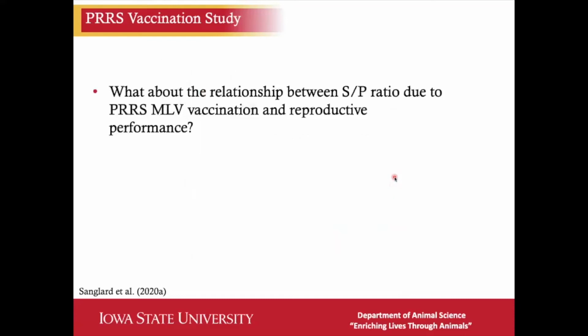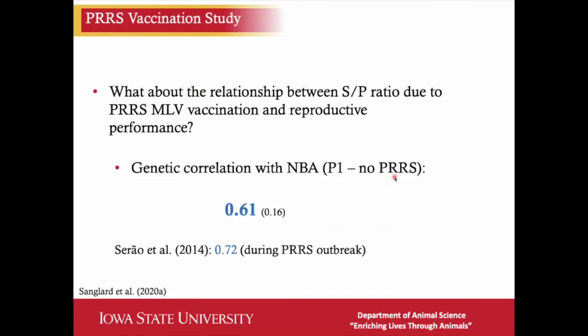Okay, but the whole reason why we're looking at aspirate ratio is because we believe that this has some relationship with reproductive performance. So we looked at the relationship between aspirate ratio and number born alive at first parity. But these animals at first parity were all healthy, in the sense that there was no PRRS outbreak going on, which is not the situation that we had before.